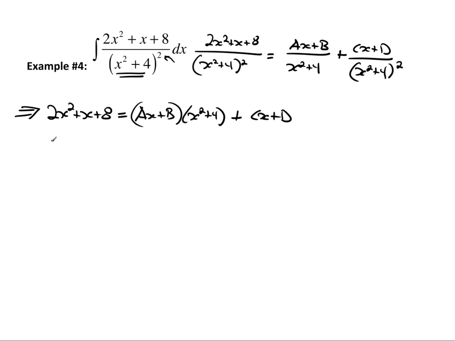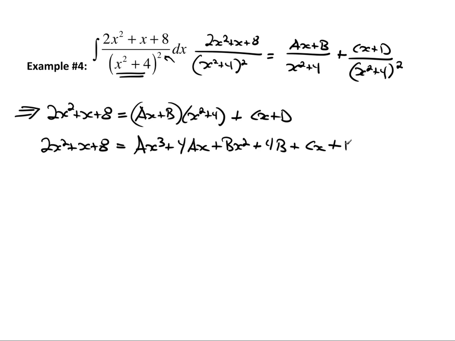Well, I'm going to distribute, and I see I'm going to have 2x squared plus x plus 8 equals, let's see, I have ax cubed plus 4ax plus bx squared plus 4b plus cx plus d.